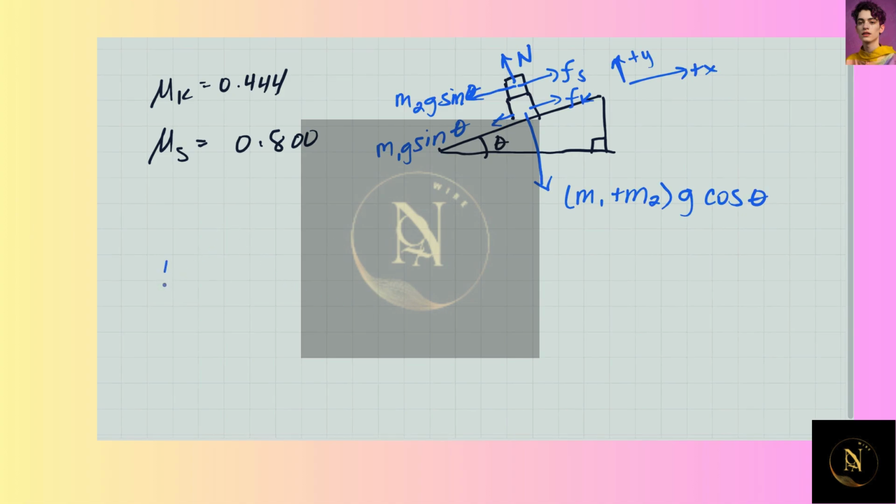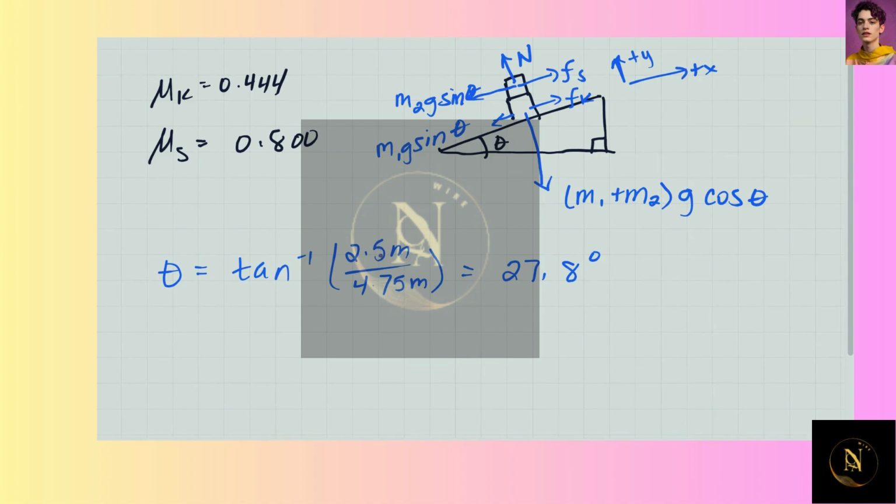The angle is equal to the inverse tangent of y over x. So from the figure, 2.5 meters over 4.75 meters. So it gives us an angle of 27.8 degrees.